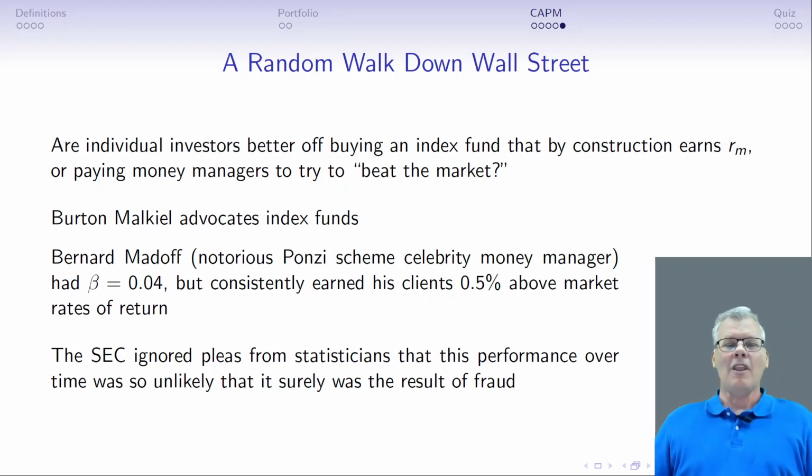As actually a perverse counterexample, do you remember from a couple years back, it's probably been about 10 years ago now, there was this guy, Bernie Madoff, or Bernard Madoff, who was this very famous money manager in New York. He managed money for celebrities and famous people. He was in the news. And it turned out what he was doing is he was running a Ponzi scheme.